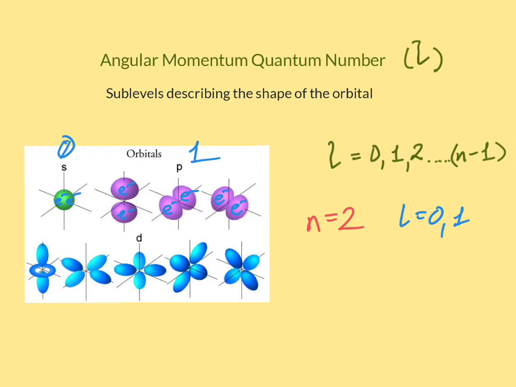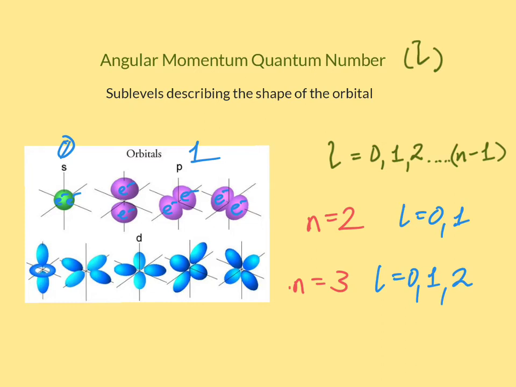Now, there are more and more sublevels as you continue up the n's. We don't see the D sublevel here until n equals 3. So if we look at n equals 3, the number of available sublevels is L equals 0, 1, and 2.